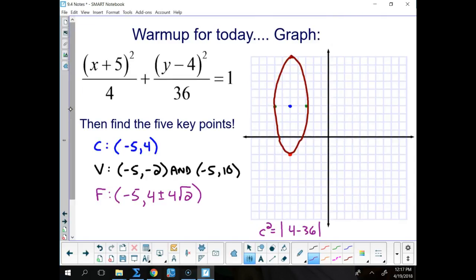Which we had said was the center, the 2 vertices, that's 3, and the 2 foci. It doesn't look like it, but that really is 2 points. Because one is 4 plus 4 root 2, and the other one is 4 minus 4 root 2. Right? Okay? So are we done? Yeah, we're done. Okay? Heck yeah, we're done with that one.